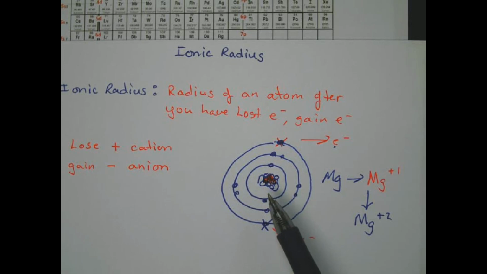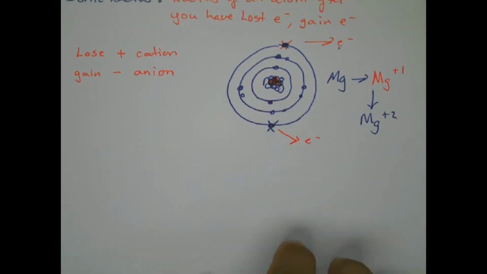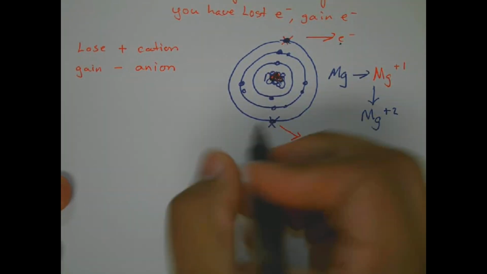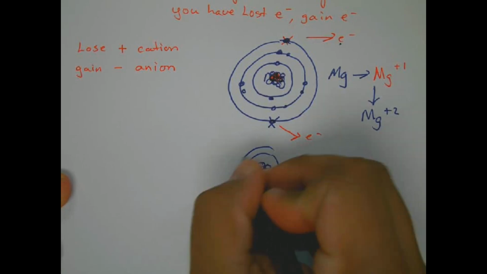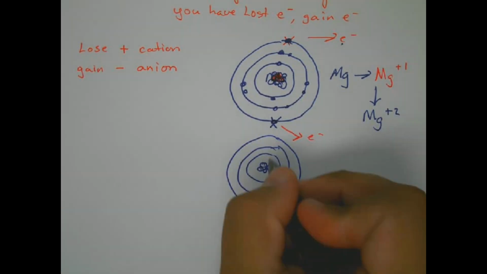And if I pull you with a greater force, all these electrons are going to contract in. So what's going to really happen is we went from this orbital to, let me redraw magnesium in his little cores, maybe to something like this, okay?